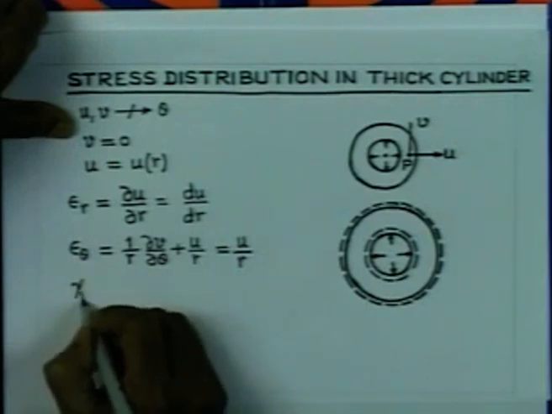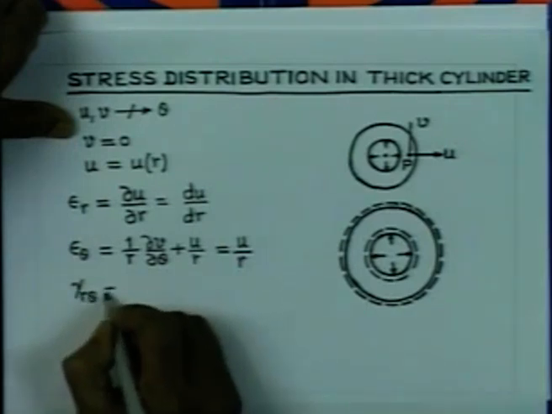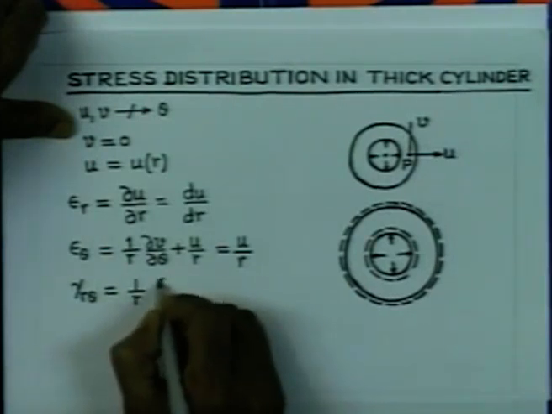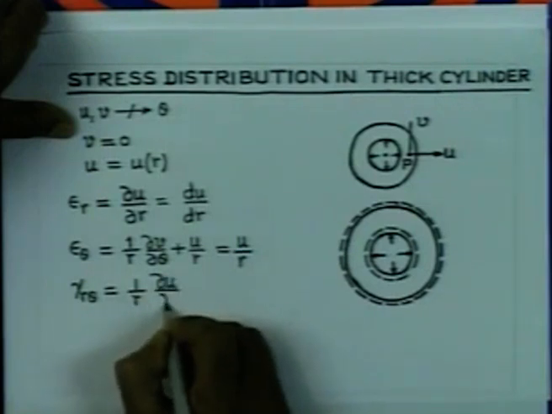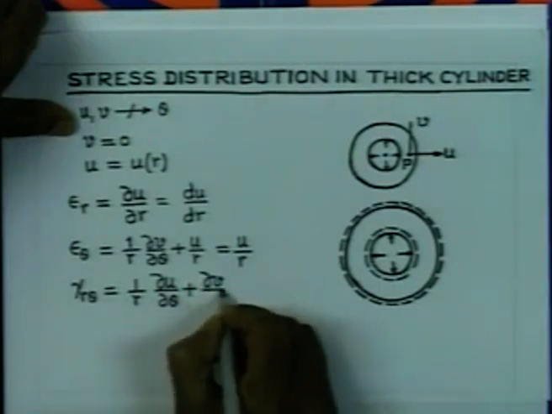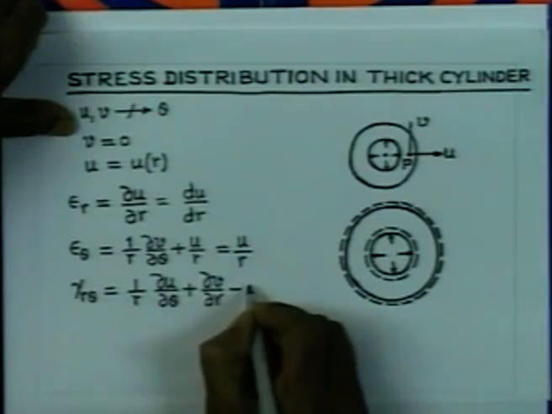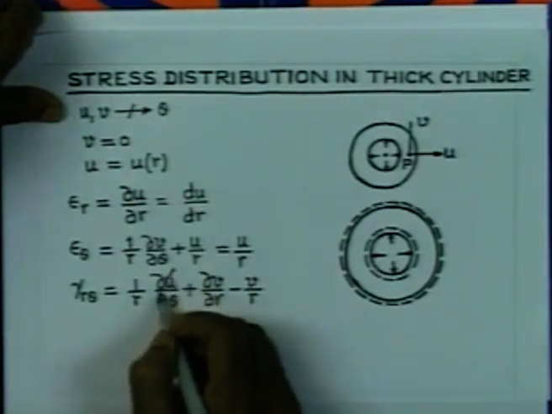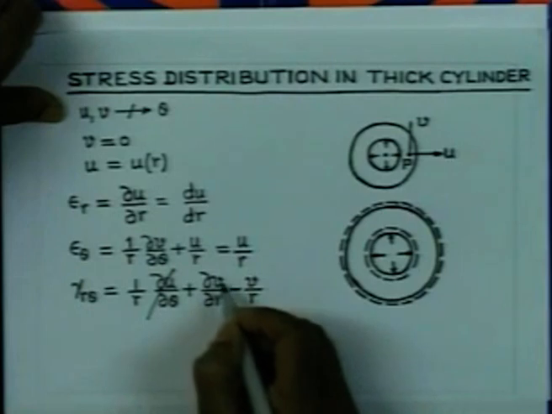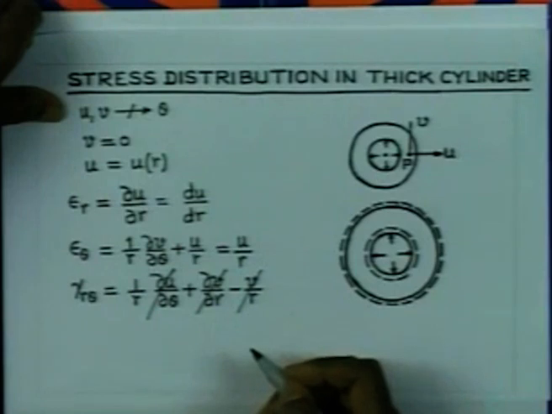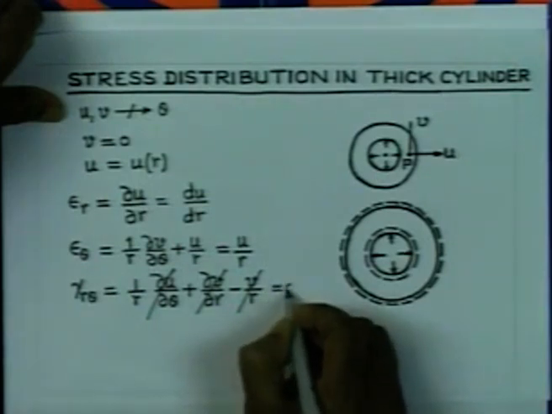Now, shear strain gamma r theta is nothing but 1 by r delta u delta theta plus delta v delta r minus v by r. Now, u is independent of theta, so this term is 0, v does not exist, so this is also 0, and v is 0, so this is 0. Therefore, the shear strain is 0.